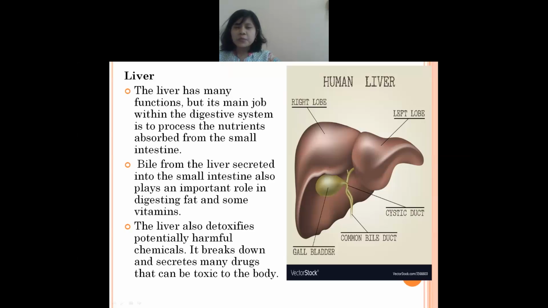They will absorb all the nutrients which come from the small intestine. You remember the small intestine? All the nutrients coming from the small intestine, the liver will absorb it. Absorb means they will take it.